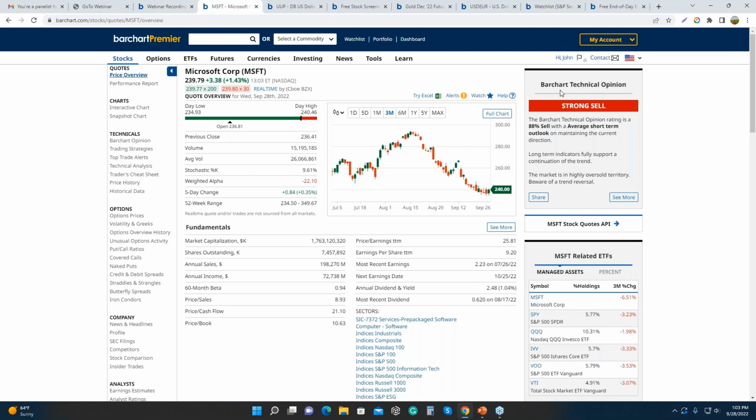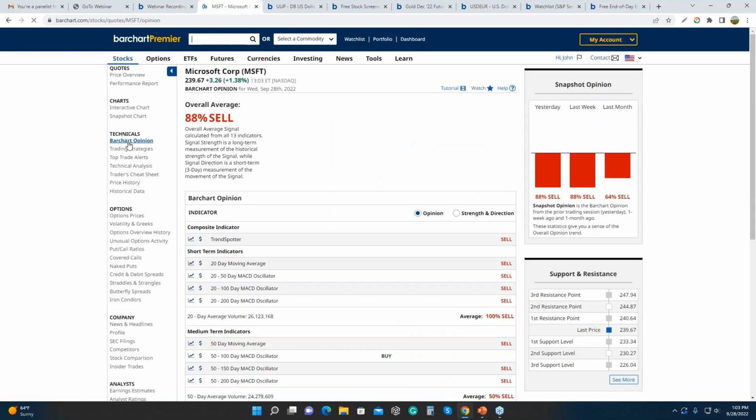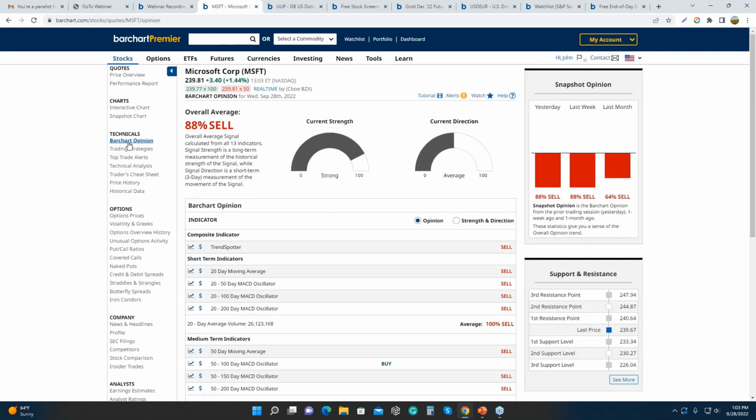We can find it here on the Barchart technical opinion, but also over here on the technical side, we can find Barchart opinion. Now, these are not like a stock market analyst opinion. All this is, we break down certain technical indicators.